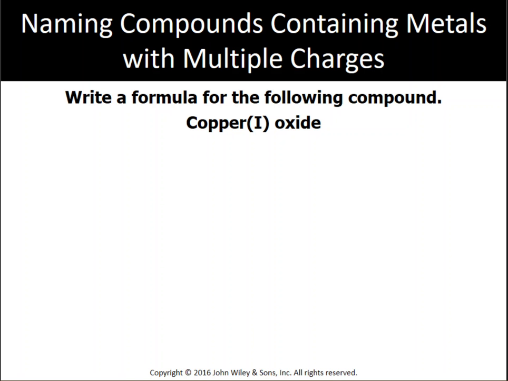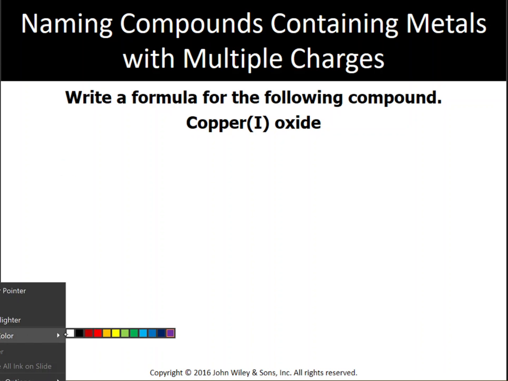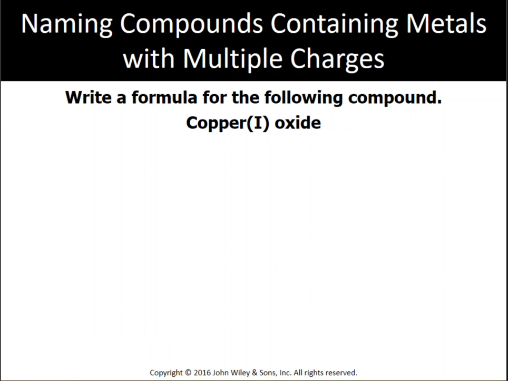Copper 1 oxide represents an ionic compound because you have copper, which is a metal, followed by a nonmetal, which is the oxide ion. Now, in order to write the formula, we always first write the symbol for the metal cation, followed by the nonmetal. So copper and oxygen.